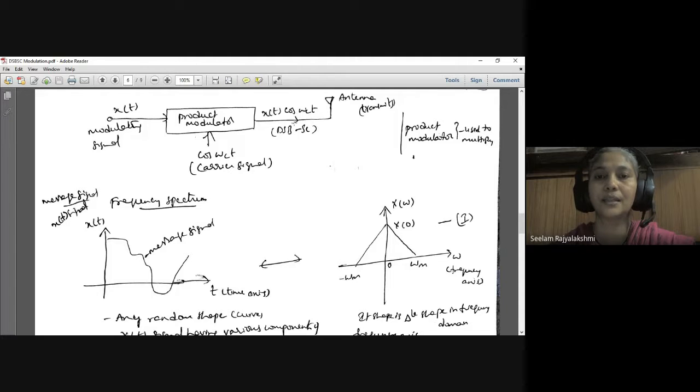Finally the double sided band signal is transmitted through the antenna, with the carrier wave suppressed. This product modulator is used to multiply. So this is the figure.